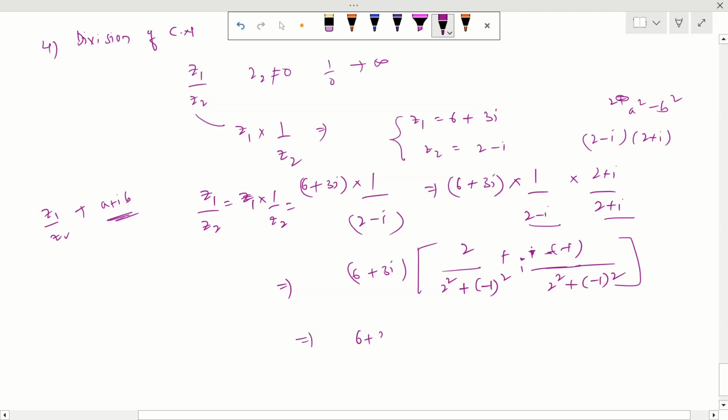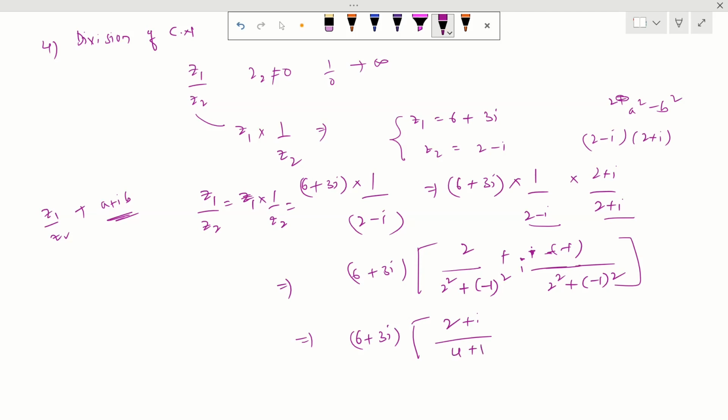Again simplifying, 6 plus 3i into 2 plus i, and in the denominator 4 plus 1 is 5. So 1 by 5 I will take common, 6 plus 3i into 2 plus i.